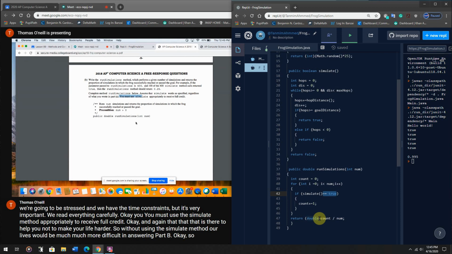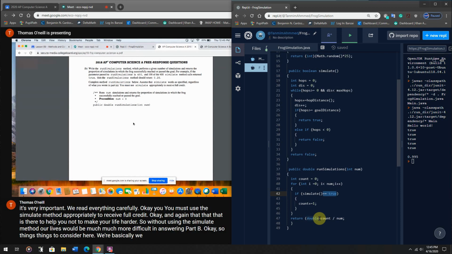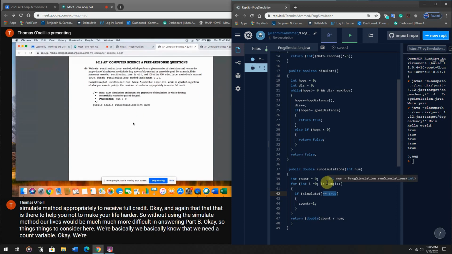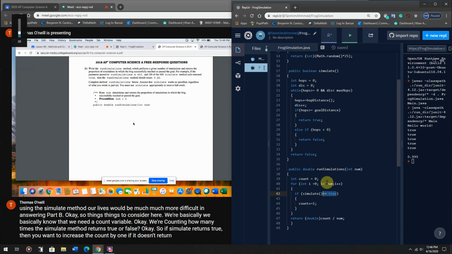So, things to consider here. We basically know that we need a count variable, okay? We're counting how many times the simulate method returns true or false. So if simulate returns true, then you want to increase the count by 1. If it doesn't return true, then don't increase the count.